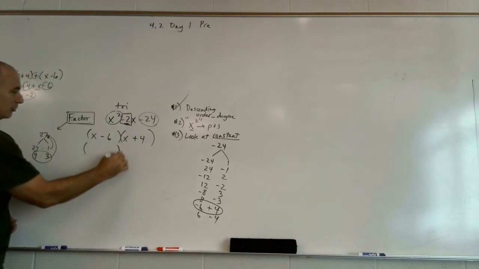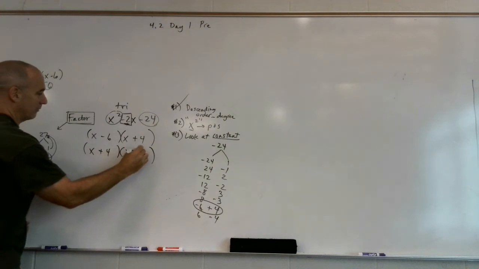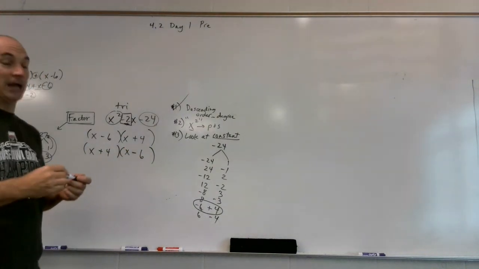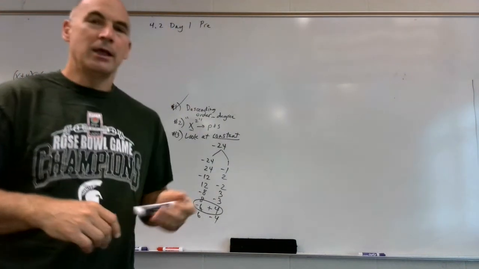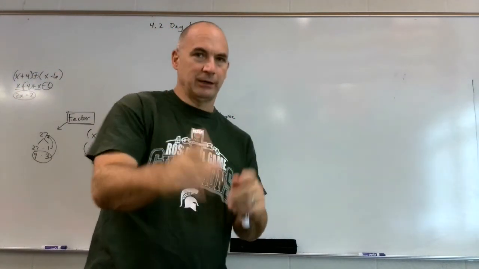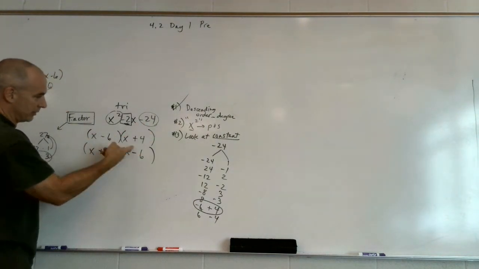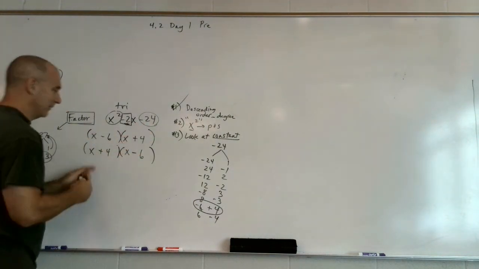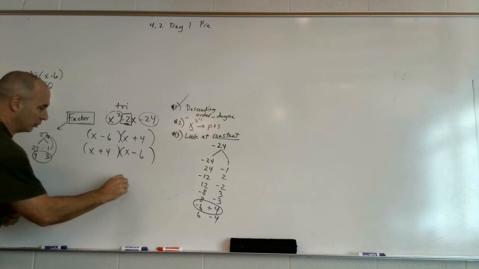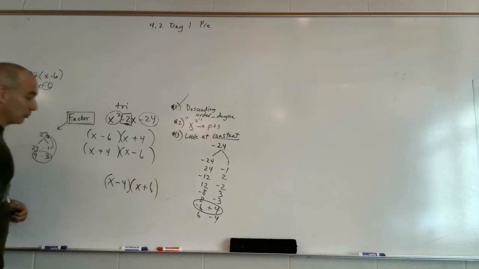Now somebody else could have written it (x + 4)(x - 6). Those are both fine. What's 7 times 2? 14. What's 2 times 7? 14. So the order doesn't matter. But if you messed up the signs and wrote (x + 6)(x - 4), that would be wrong.